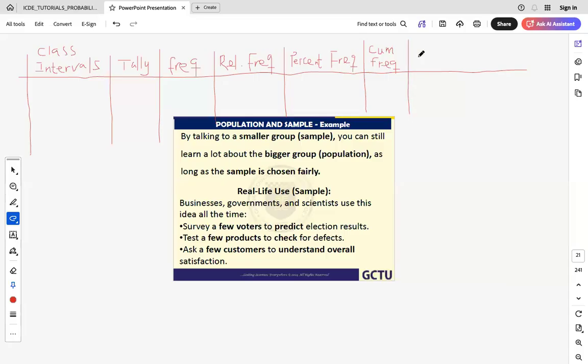The next will be the cumulative relative frequency. Then the last, but not the least, will be the cumulative percent frequency.